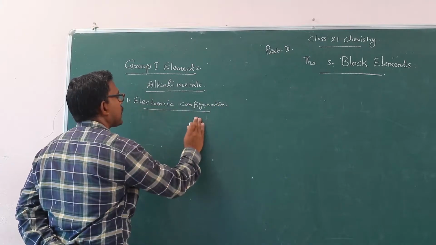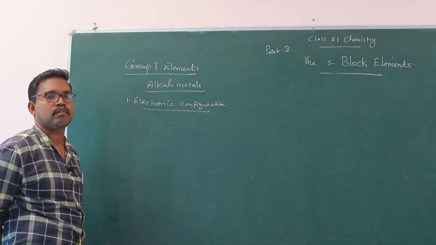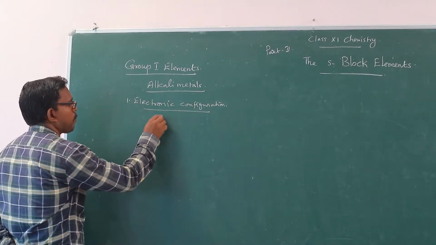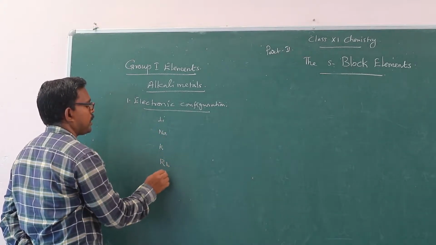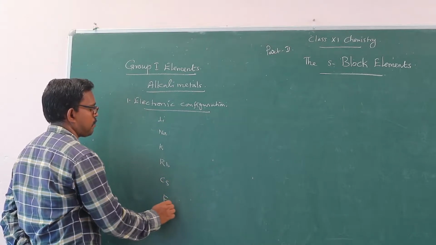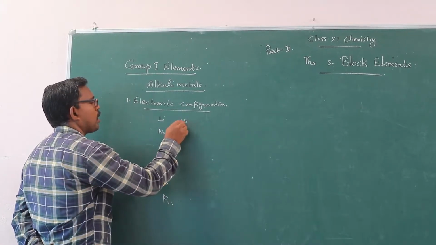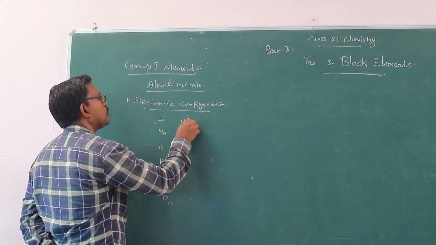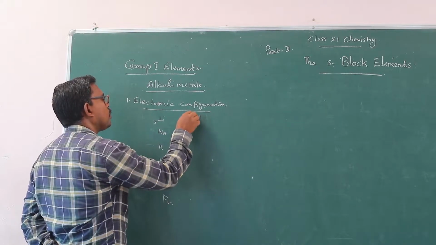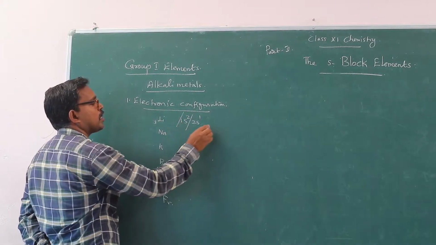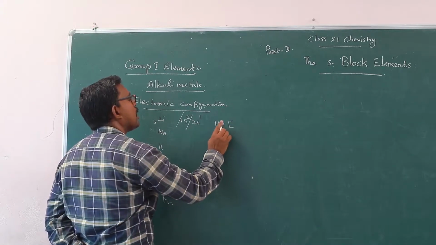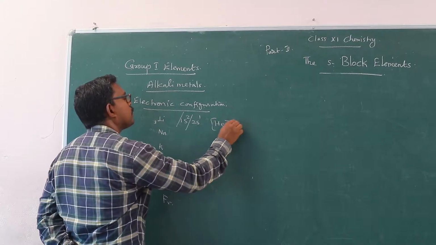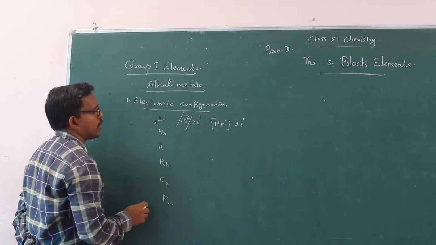All the alkali metals have only one electron in their valence shell. Lithium, sodium, potassium, rubidium, cesium and francium. Lithium has atomic number 3, 1s2, 2s1. 1s2 is the configuration of helium, therefore it is shortly written as helium 2s1.